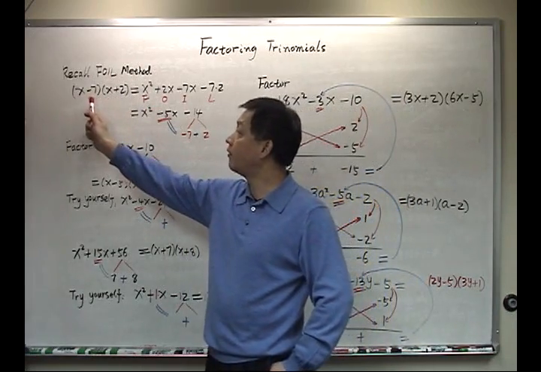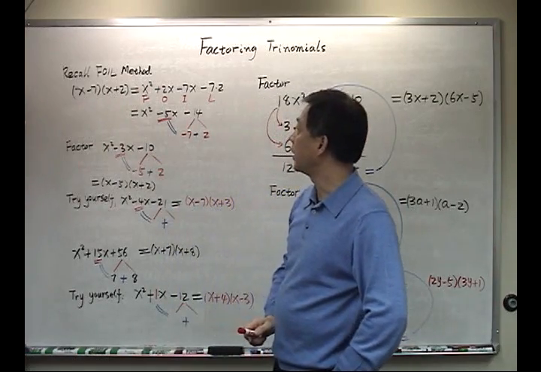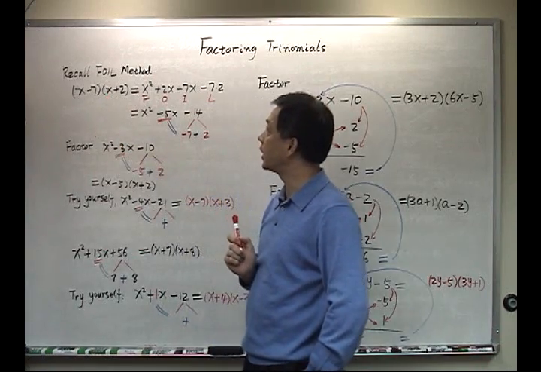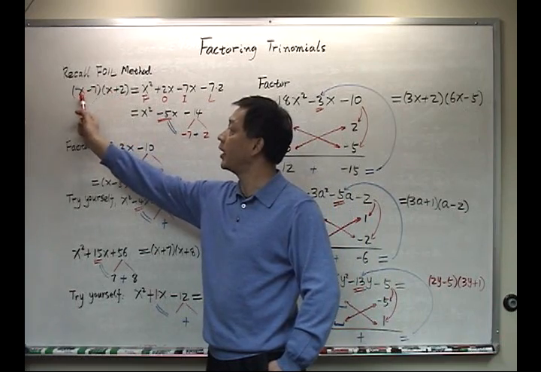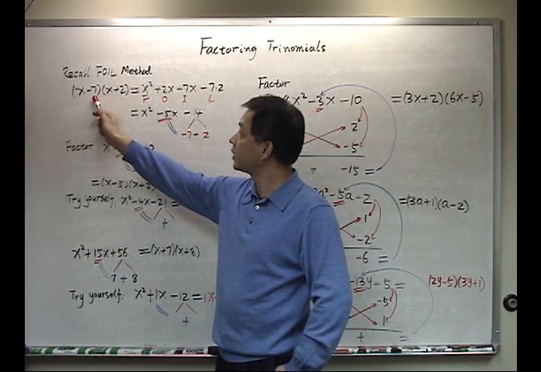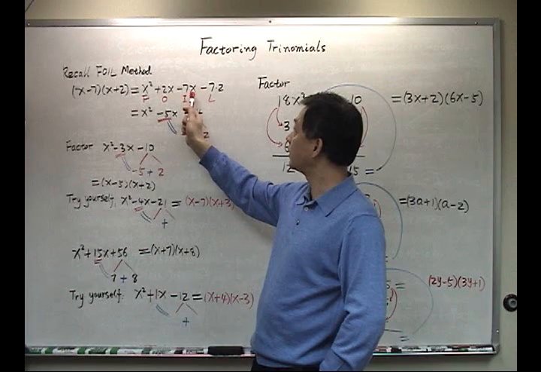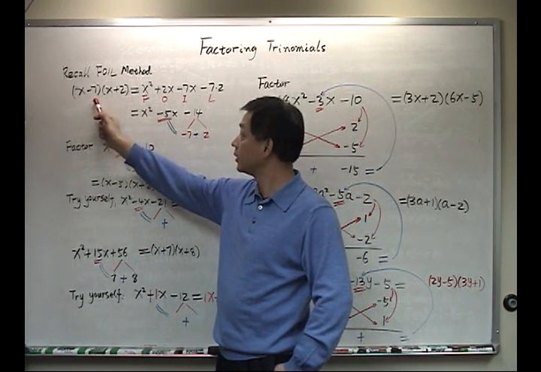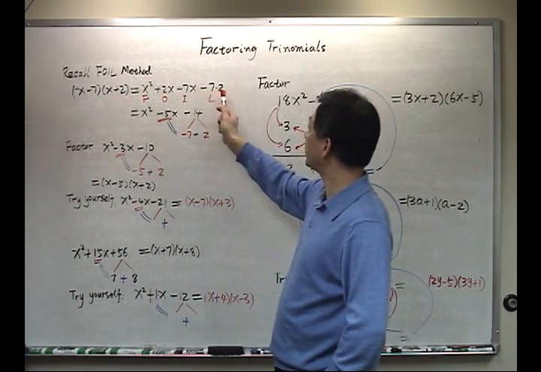Recall if we have one binomial times another, we can do x times x, that's the first product, and then the outer product is 2 times x, which is 2x, the inner product negative 7 times x, so that's negative 7x, and then the last product is negative 7 times 2.